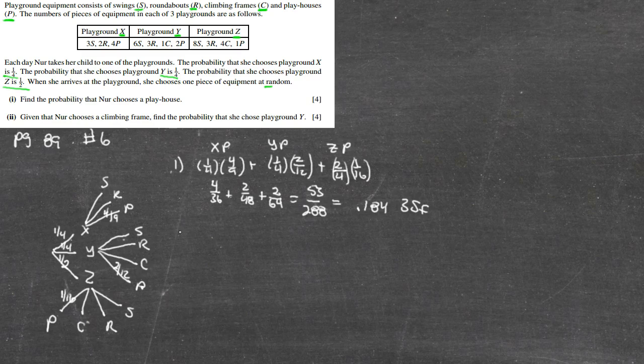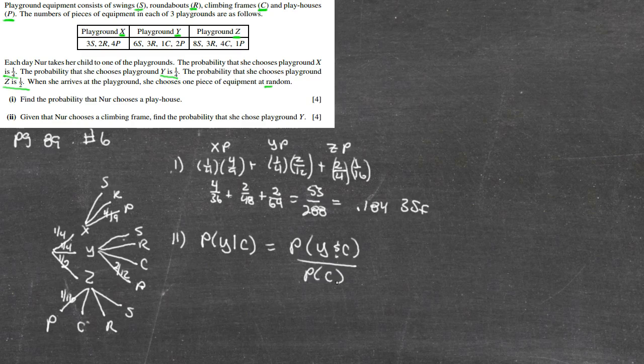All right, now for part 2: given Noor chooses a climbing frame, find the probability that she chooses playground Y. So that's the probability that she chooses Y given she has picked the climbing frame. That's the probability of her doing both divided by the probability of the climbing frame.